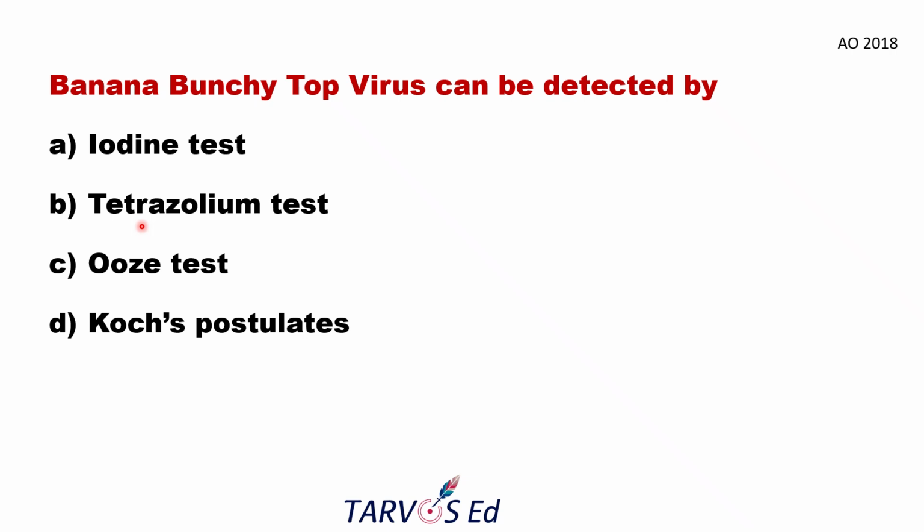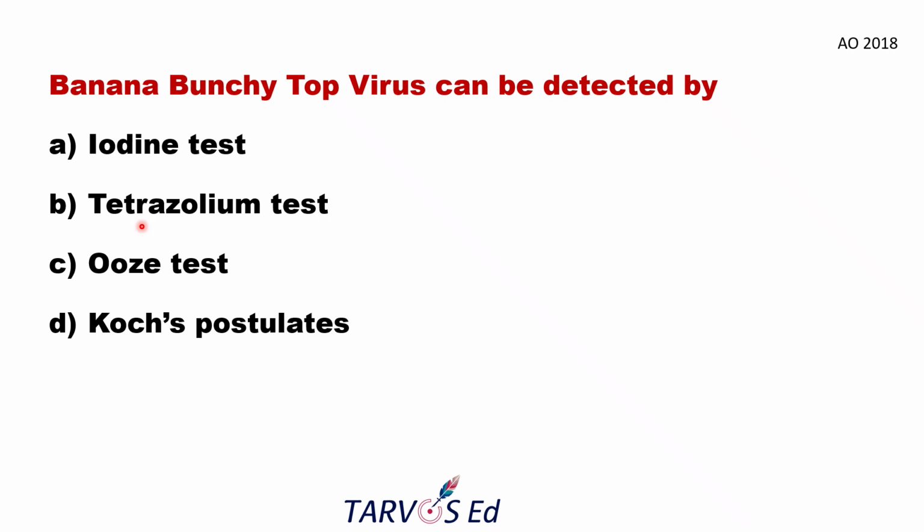Not only banana bunchy top virus, but other viruses which affect banana, like banana black mosaic virus and banana infectious chlorosis, all three banana viral diseases can be detected using the tetrazolium test. One more virus can also be detected using the same tetrazolium test, that is cassava mosaic virus.